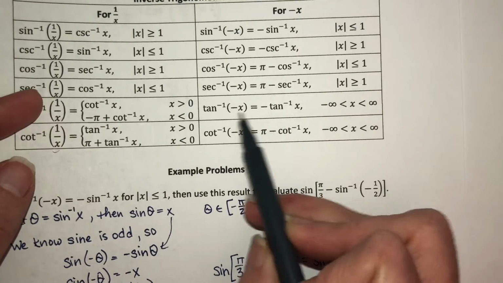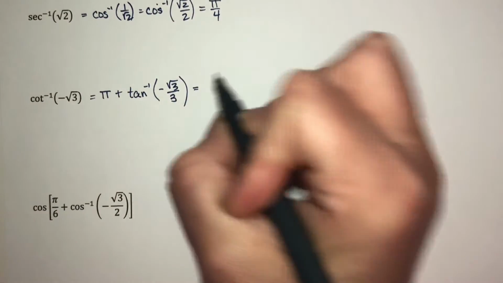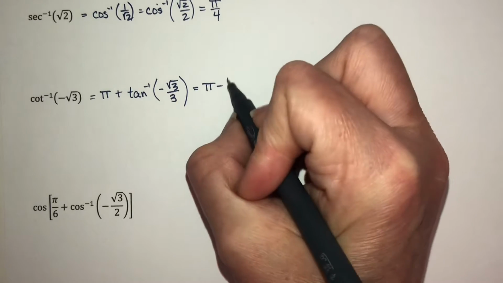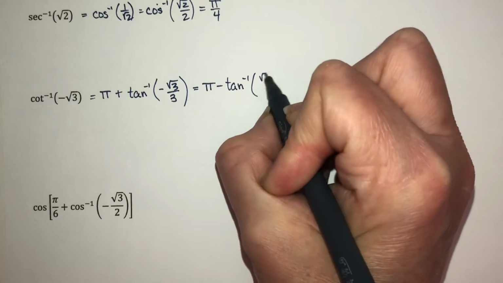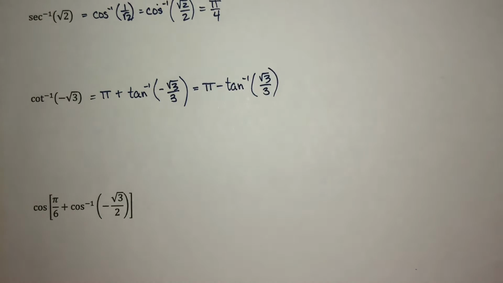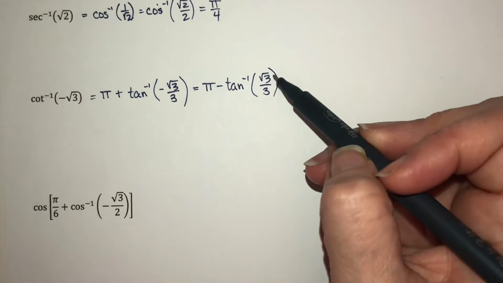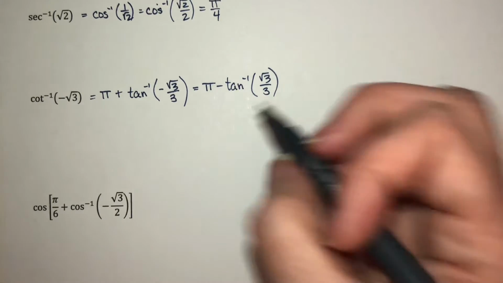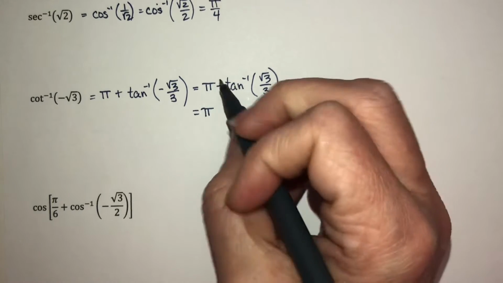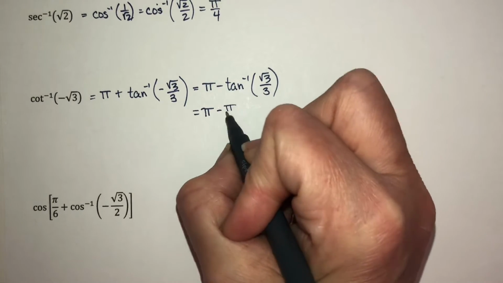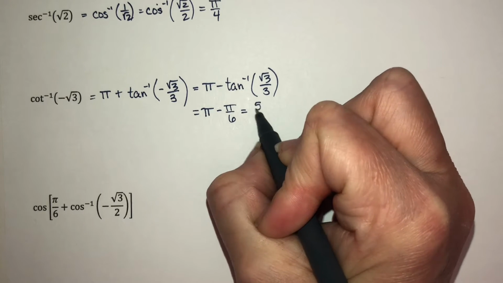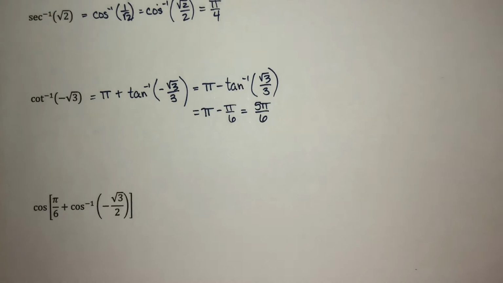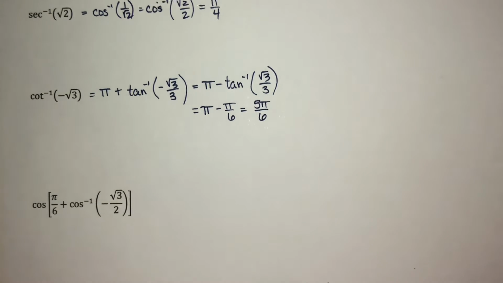Now here we have a negative on the inside, and for tangent we know that it is an odd function, so I can switch this directly to minus tangent inverse of square root 3 over 3. And where is tangent equal to the square root of 3 over 3? That happens at pi over 6. So I have pi minus pi over 6, which gives me 5 pi over 6. It does give me an answer in the second quadrant, which is what I require for cotangent.